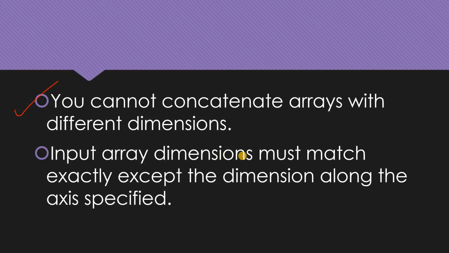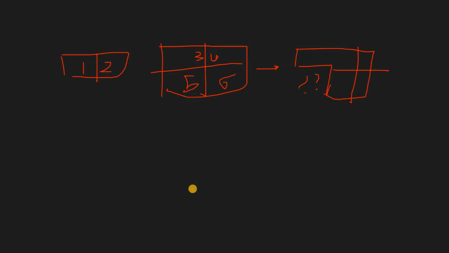Now, input array dimensions must match exactly except the dimension along the axis specified. What do I mean by this? Let us talk about it on this slide. Suppose you have a 2D array like this, which is 1, 2, 3 and 4. You have this 2D array, and one more 2D array. The dimensions of the first are 2 comma 2.